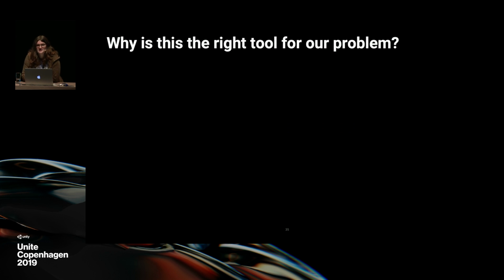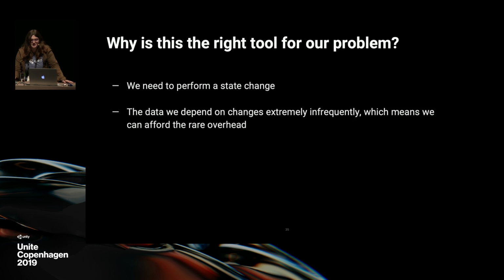So, why is the entity command buffer the right tool for write relationships? One, we need to perform a state change, and we can only do that within a job using an entity command buffer, so we kind of don't have a choice to begin with. But also, the data we depend on isn't changing frequently, so even though there's a little overhead with using the entity command buffer, we can afford it.